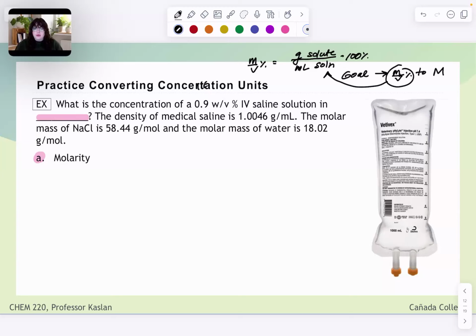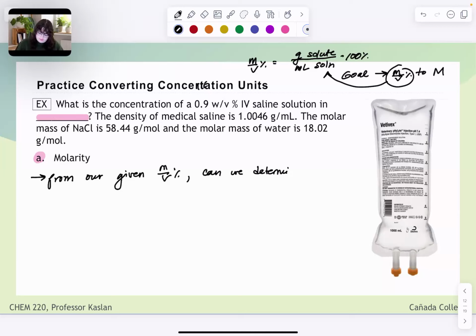So we're going to ask ourselves, from our given mass volume percent, can we determine grams solute and then milliliters of solution?